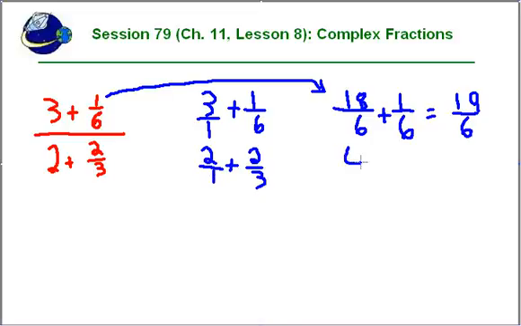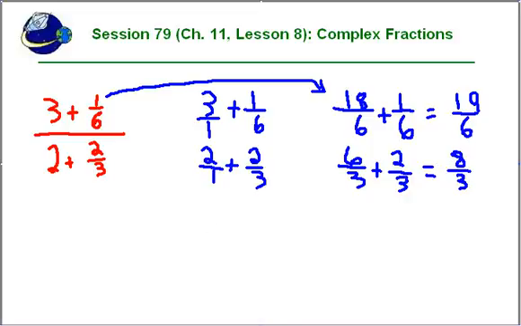That'll give us 6 over 3, plus the 2 over 3. We now have the same denominator, so we can combine them together. 6 over 3 plus 2 over 3 is 8 over 3. So we have rewritten 2 plus 2 over 3 as 8 over 3.